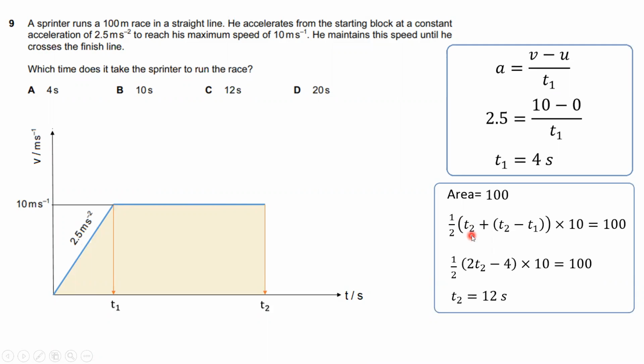So the addition of T2 plus T2 minus T1, into the height. The height is 10 meters per second. T2 plus T2 gives 2T2 minus T1, which we already found to be 4, into 10 is equal to 100. So you can cancel 2 and 10 becomes 5. When you make T2 the subject, you get your answer to be 12 seconds. So the answer here is option C.